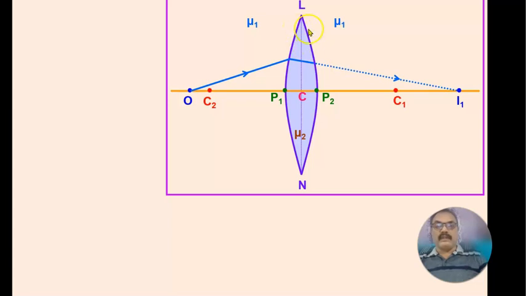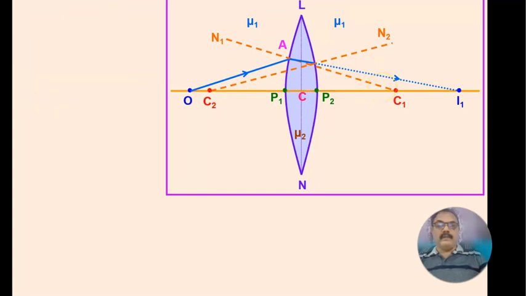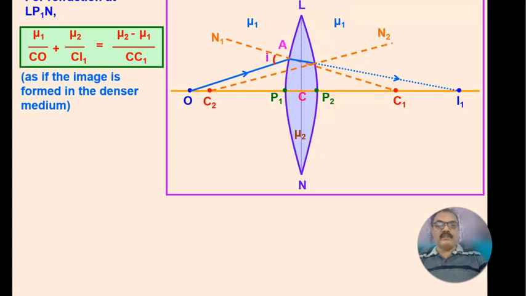Through the second surface, when it is refracted, you can see it is going to meet at the final image at I. These are the normals which we have drawn. I is the angle of incidence on the first surface. This is the equation we get from refraction through the first spherical surface.